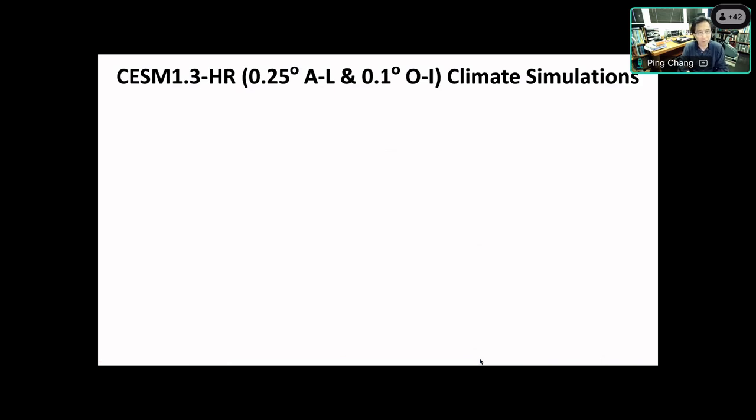One is that CESM-2 does not have a high-resolution configuration. NCAR and the CESM community decided not to put forward a high-resolution version. The second reason is that CESM-2 is substantially more expensive computationally. We want to keep things computationally light so that we can make ensemble runs.